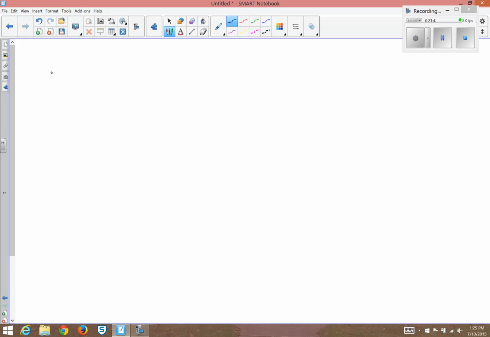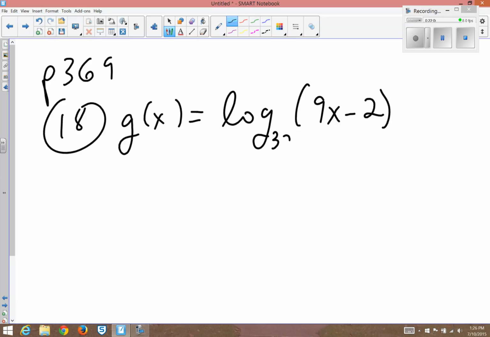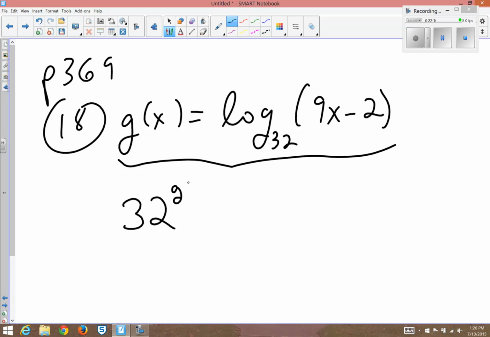Number 18. g of x equals the log of 9x minus 2, base 32. And we're trying to differentiate this. Before we differentiate this, we're going to rewrite this as the base, which is easy to find because it's in the basement, raised to the exponent.